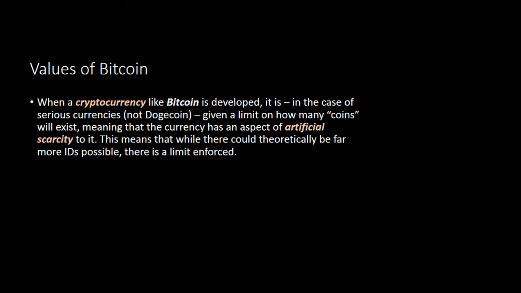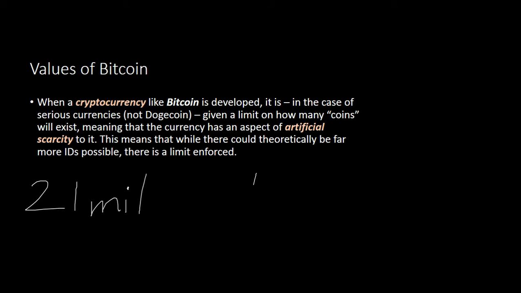However, when they were made, it was decided that there would only be 21 million unique Bitcoin IDs. True, valid Bitcoin IDs. Only 21 million. So that means that every time someone thinks they find one, they have to check it, and if it's not one of these 21 million, then it's not a valid code.